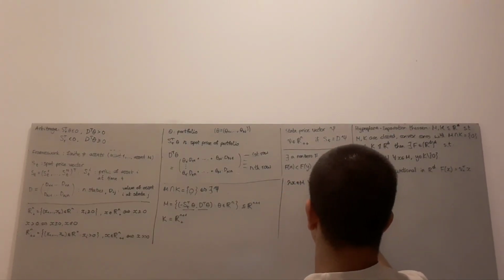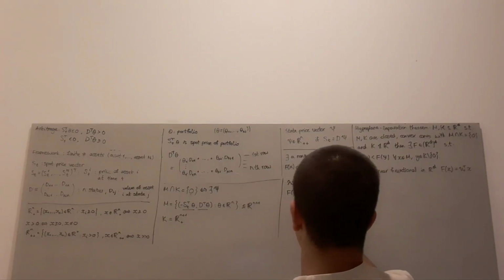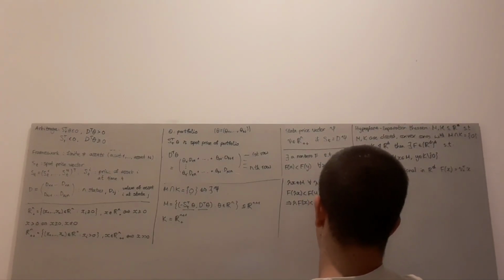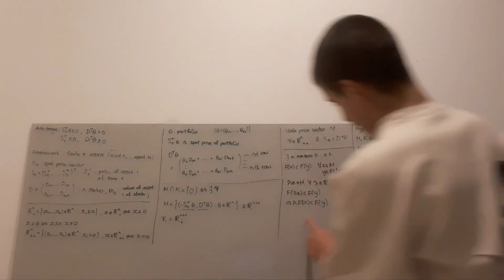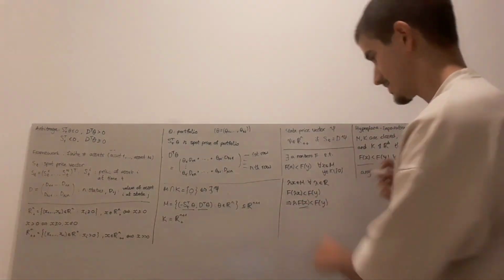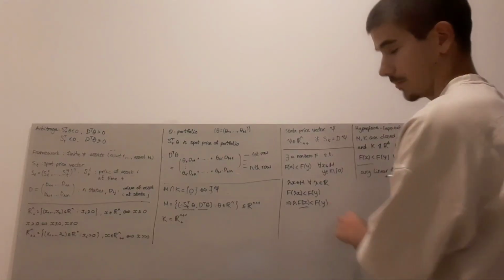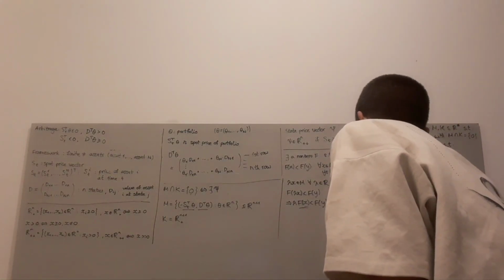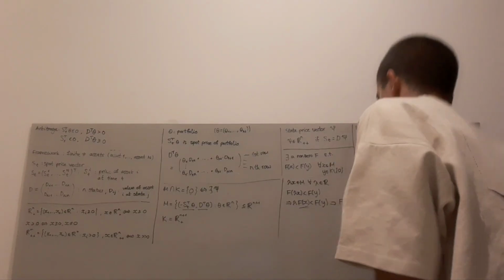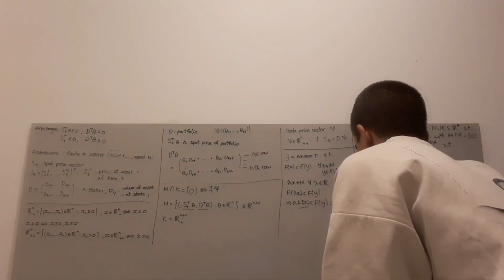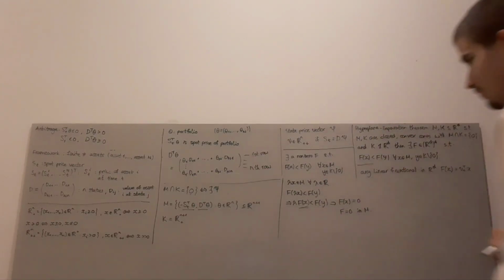So f(lambda x) is going to be strictly smaller than f(y), which means that lambda f(x) is strictly smaller than f(y). But the only way this can be true is if f(x) equals 0. Otherwise, this left-hand side would be unbounded, not bounded by f(y). So we deduce that f(x) equals 0. But the x we chose was arbitrary in M, which means that f vanishes on M.